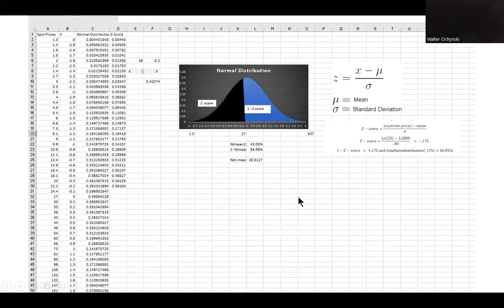I have prepared here one graphing problem about the normal distribution, which shows you also how you calculate the z-score. And I also try to interpret this graphing in the sense of our Black-Scholes model.